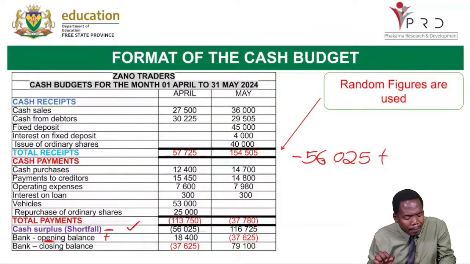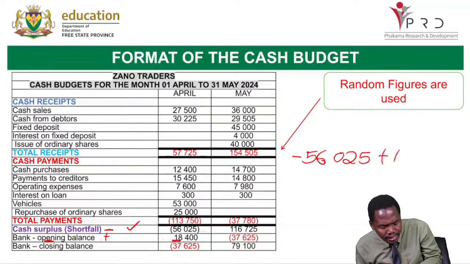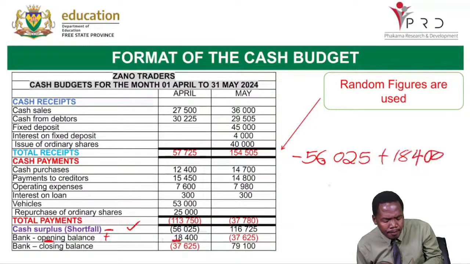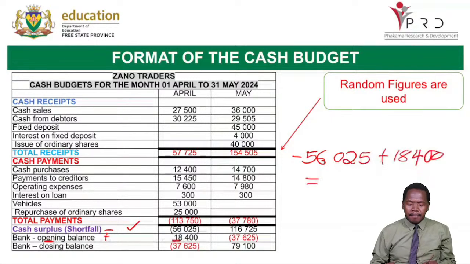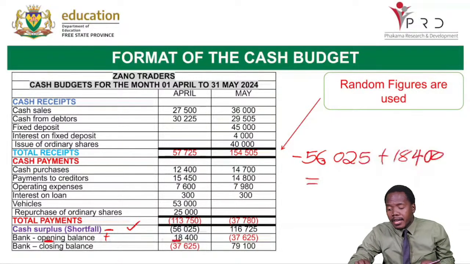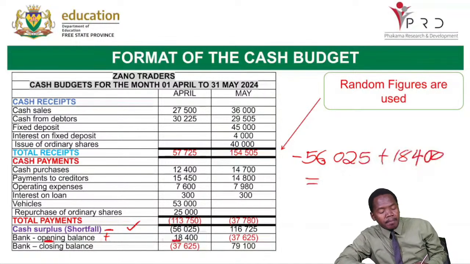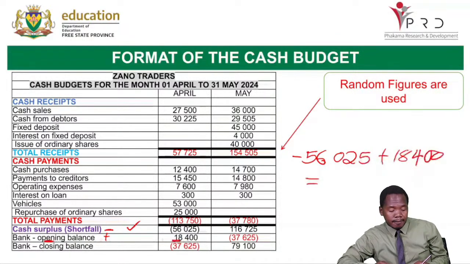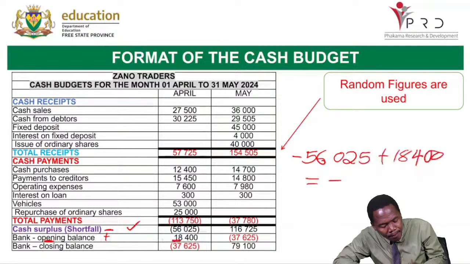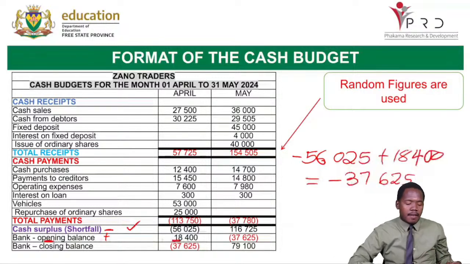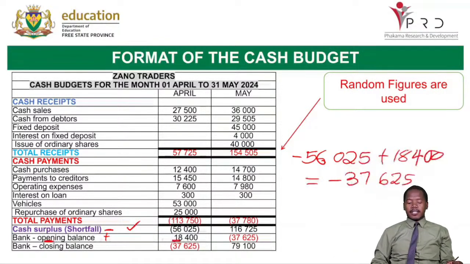Because the opening balance is positive. So I say plus 18,400. Then if you punch the calculator the way it is, you will say minus 56,025 plus 18,400. It will give you the sign. So the answer becomes a negative, an overdraft of 37,625.